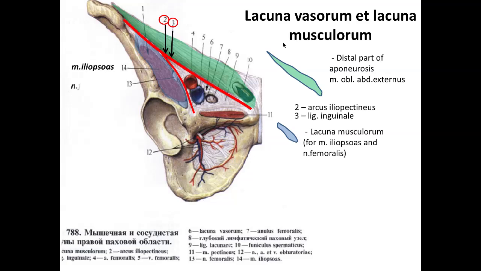Again, I'd like to remember that musculus iliopsoas is here, nervus femoralis is here, number 13, and now I colorize lacuna vasorum with yellow color. Lacuna vasorum is called this way because there are some vessels here.